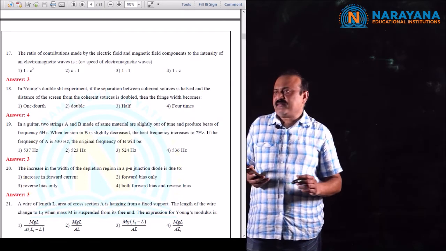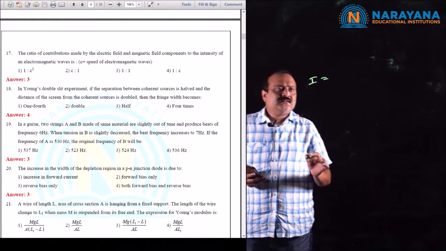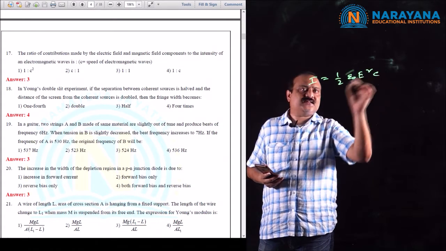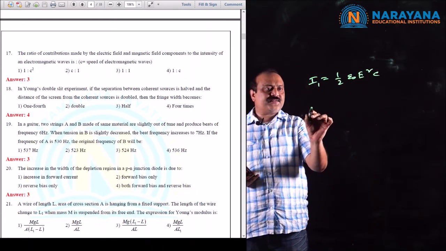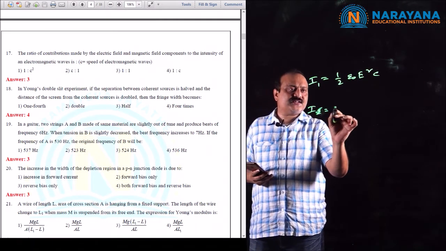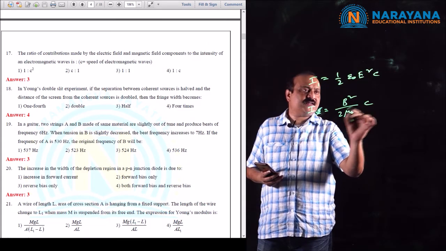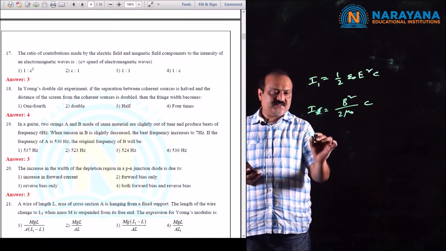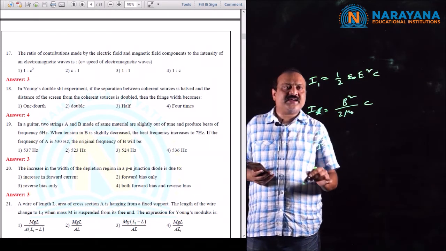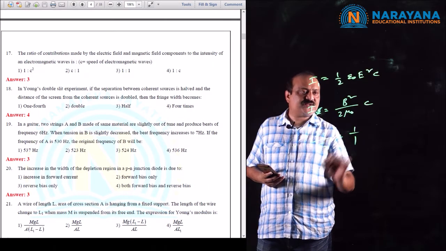In an electromagnetic wave, the intensity due to the electric field is I1 = ½ ε₀E²C, and the intensity due to the magnetic field is I2 = B²/(2μ₀) × C, but numerically these two are equal. Therefore the ratio of intensities I1 by I2 is 1:1.